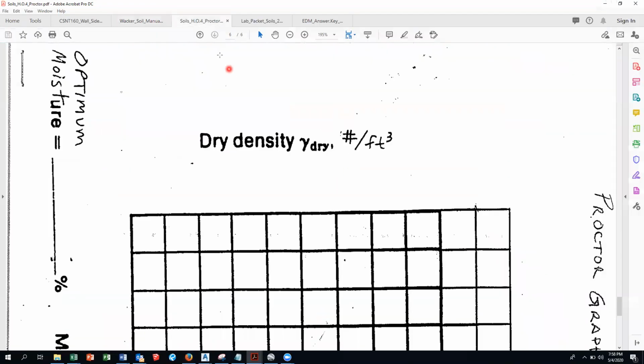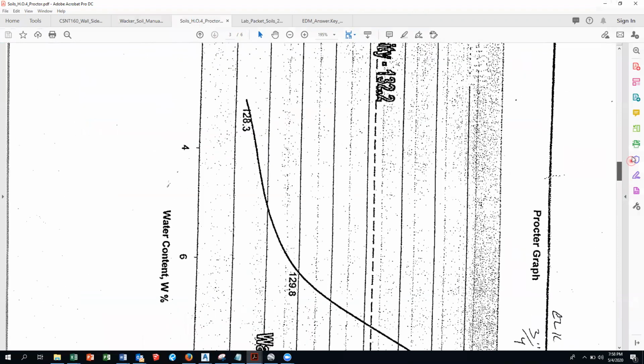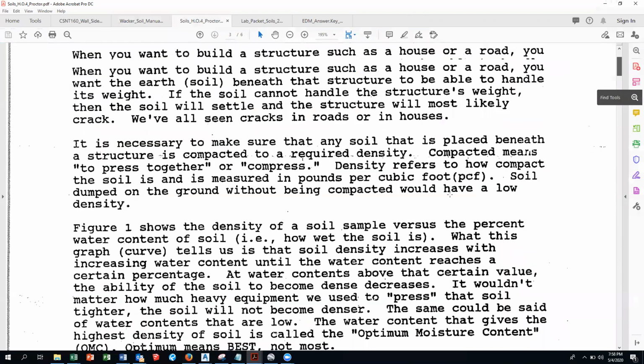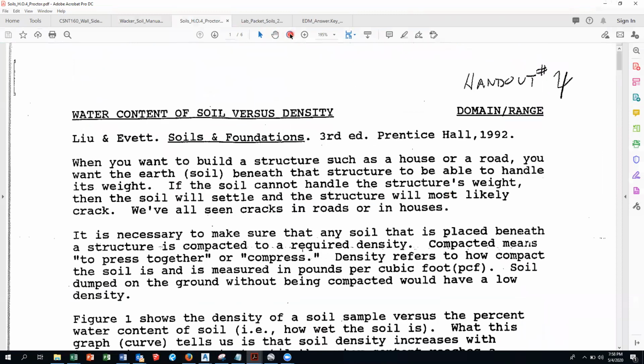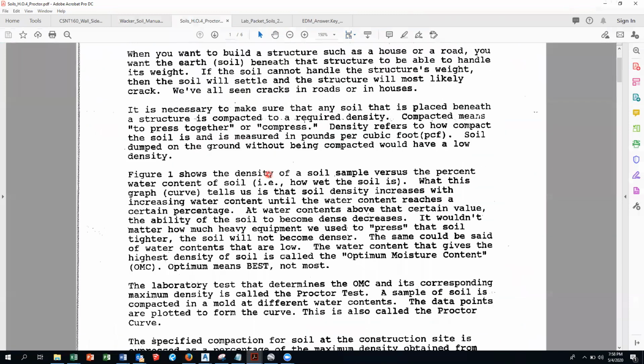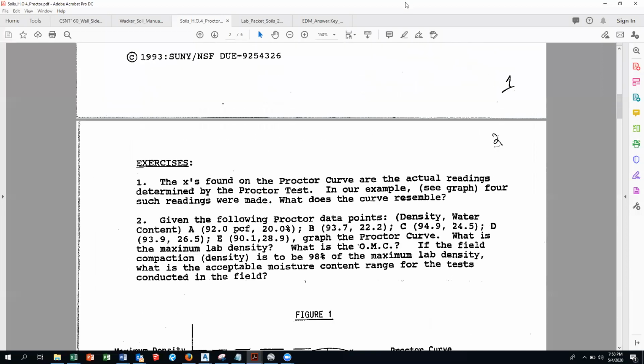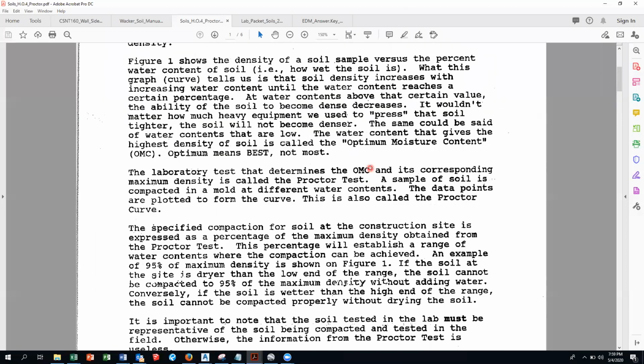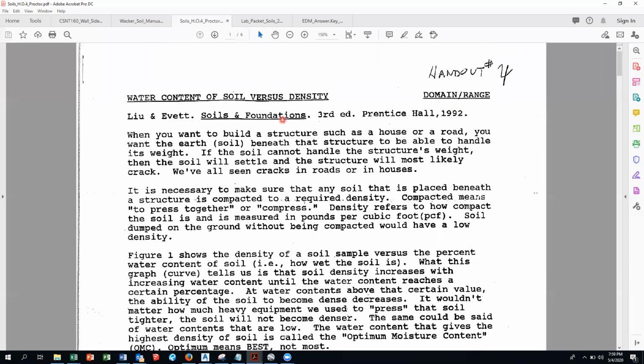So this is soil handout number 4. And the first page, can't remember. Yeah, the first page is my understanding of the proctor test, okay? They also, like I said, do a very good job with the web soil handout that we talked about earlier.